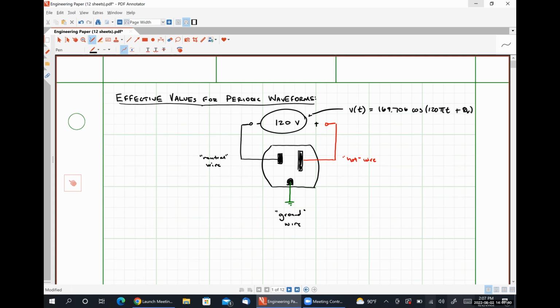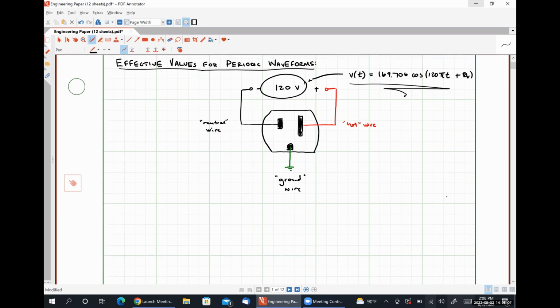Now, as you might have noticed, especially in yesterday's lecture, carrying around this whole large representation of voltage gets very cumbersome, and it makes power calculations kind of difficult, which we saw yesterday. So instead, electrical engineers developed the concept of an effective value.